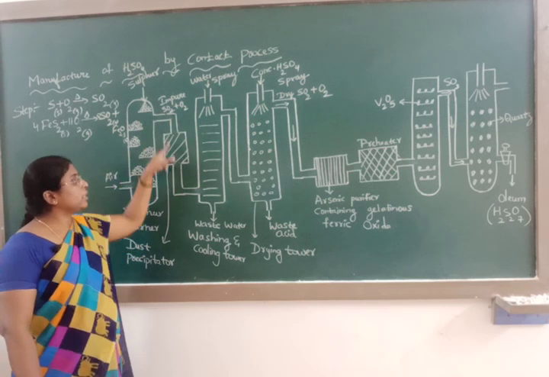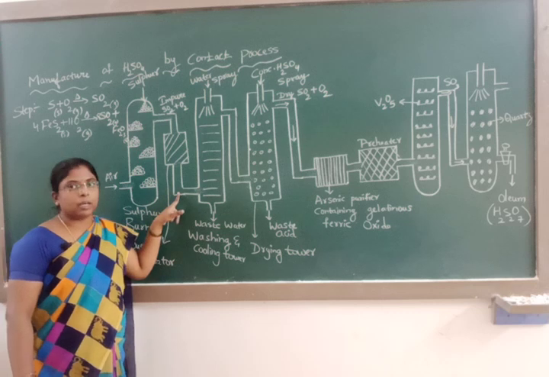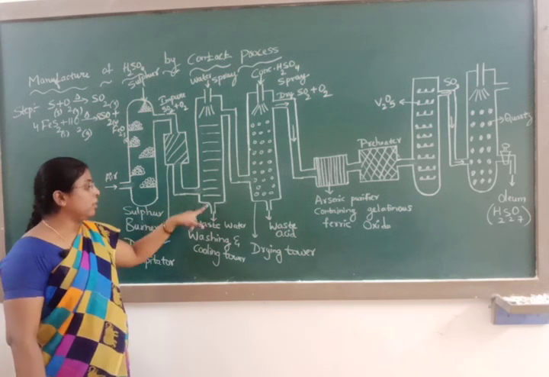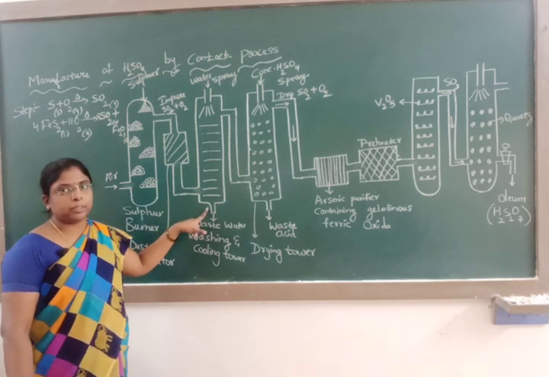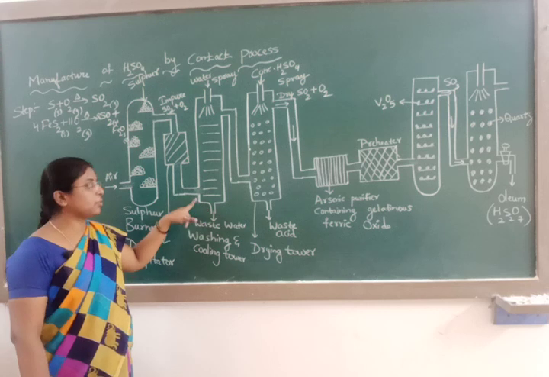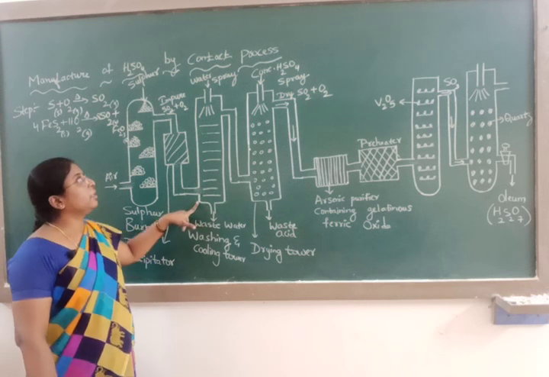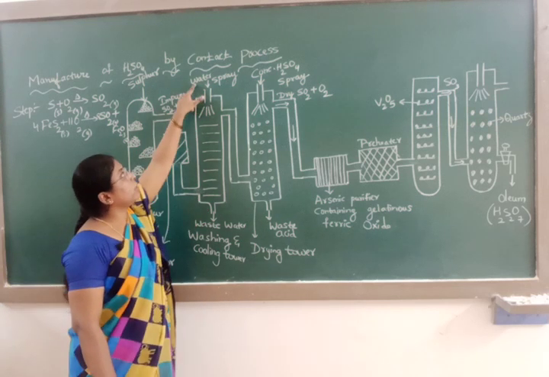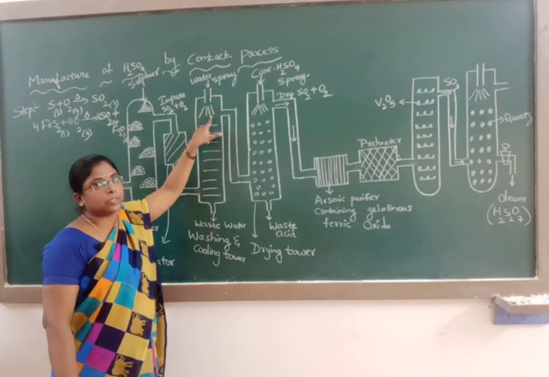Now, the sulfur dioxide and oxygen are passed into a washing and cooling tower. The word itself indicates washing and cooling. Here we spray water from the top of the tower.